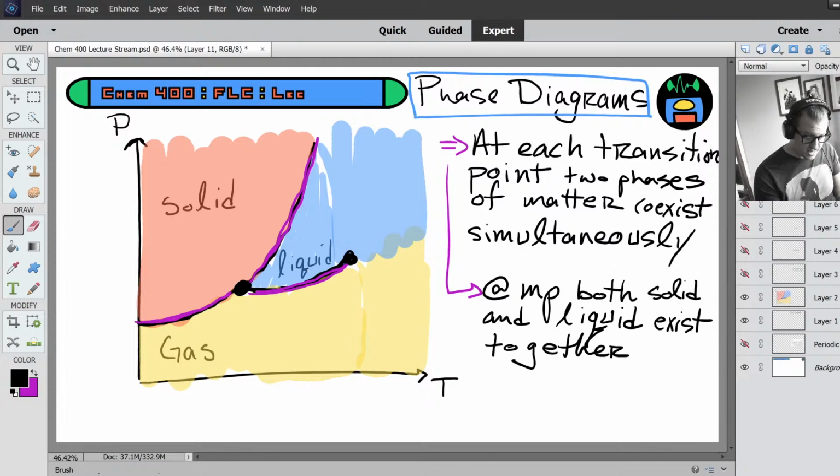This is something that might be surprising, because you might think melting means you're going from ice to water, right? And that is the transition. Melting, you are going from ice to water. You're going from a solid to a liquid. But at the melting point, at 0 degrees Celsius, under 1 atmosphere of pressure, you actually have both solid and liquid molecules coexisting simultaneously. So at 1 atmosphere, the warmest ice can get is 0 degrees Celsius, but the coldest water can get is 0 degrees. They both coexist at that temperature.